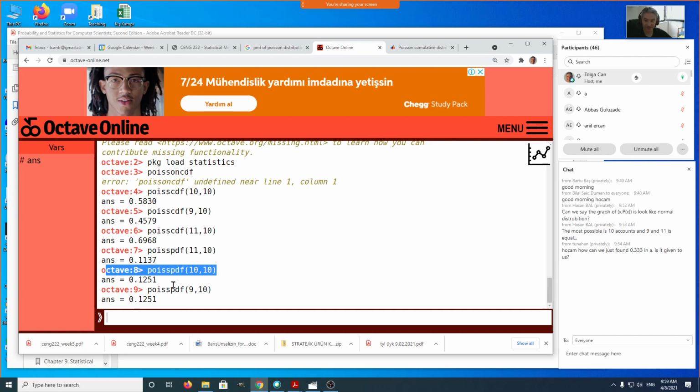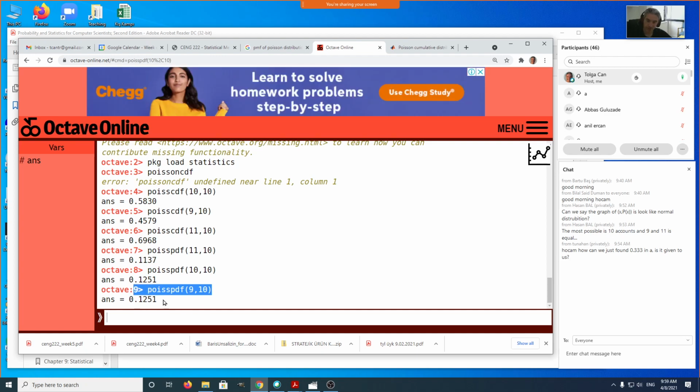I don't know whether they differ after certain decimal points, but the probability to observe 9 events when the average number of events is 10 seems to be equal to the probability of observing 10 events when the average number of events in that time interval is 10. And it gets reduced like this.